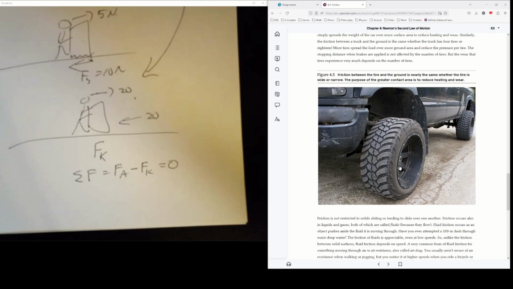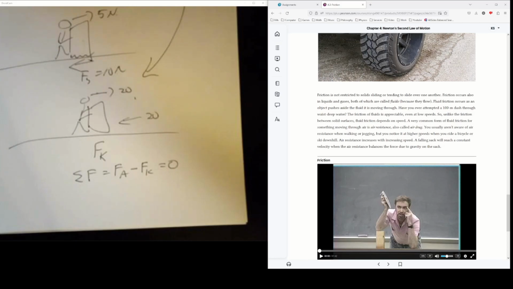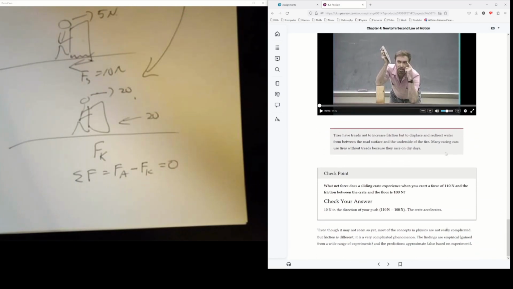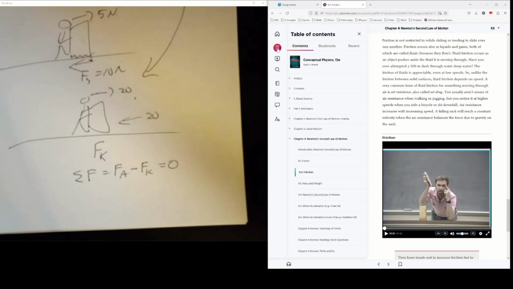So no matter how fat your tire is, the weight of your car is still pretty much the same. But having a fatter tire increases the traction, because you always want to have traction with the surface, and fatter tires can definitely help with that. And that is friction. There's a little bit more of the friction.